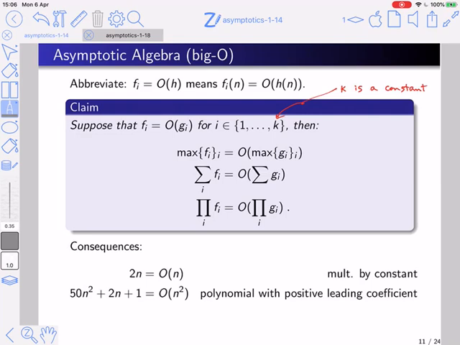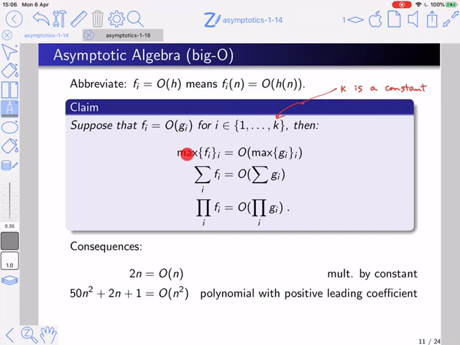Okay, so I already used the abbreviation fi is big O of h, meaning that fi of n is big O of h of n. Now suppose I have functions f1 up to fk for a constant k, and each fi is big O of gi. Now I can take these functions f and these functions g, and I can build new functions from them. For example, one function I could build is the maximum of the fi's, or the maximum of the gi's.